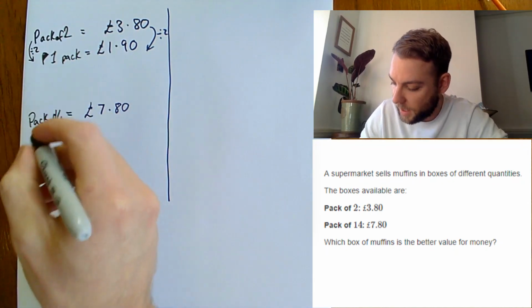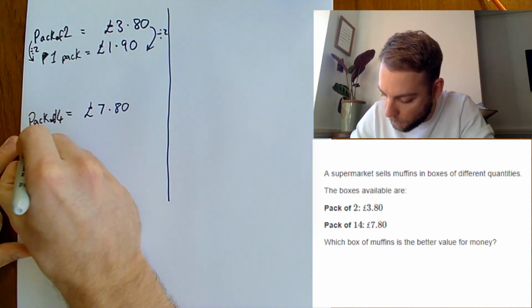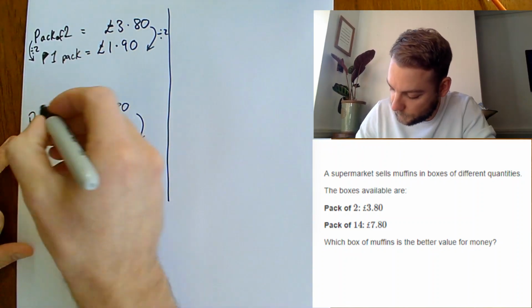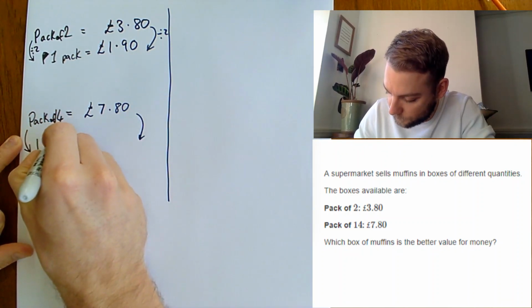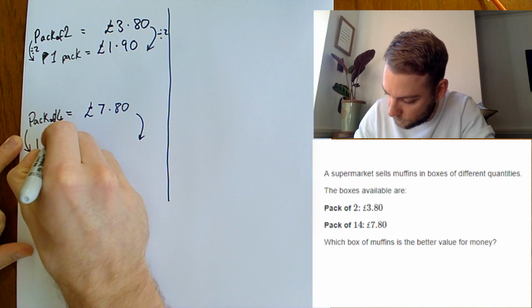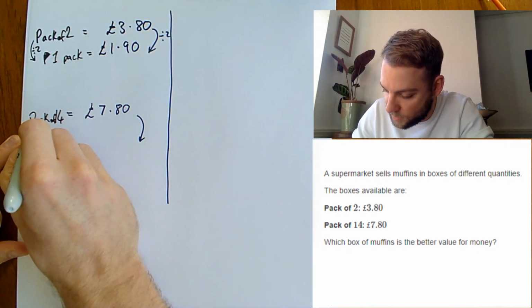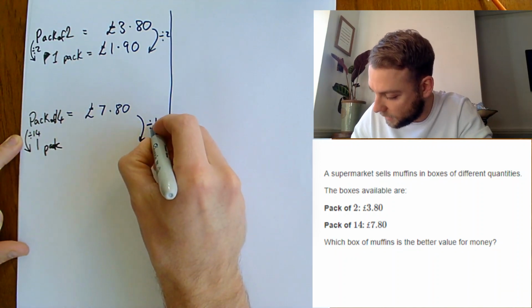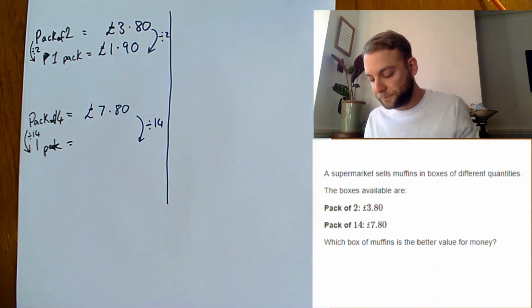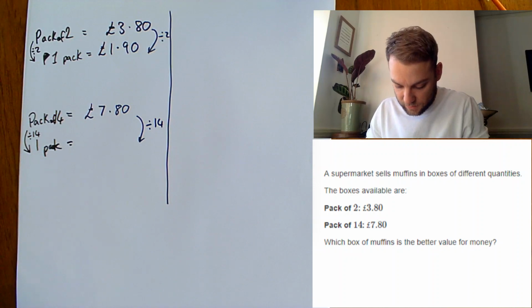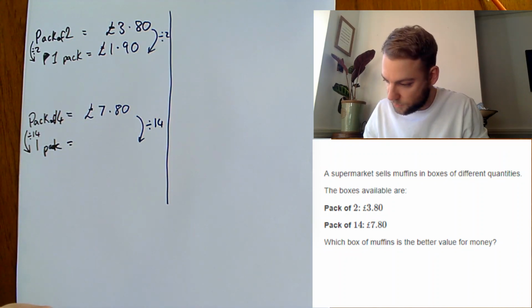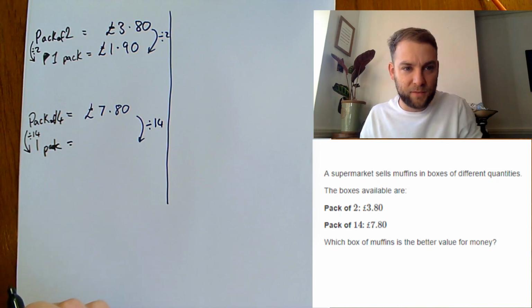Okay, so to find 1 pack here, I need to divide this by 14. So £7.80 divided by 14, in this case, is equal to 55p.